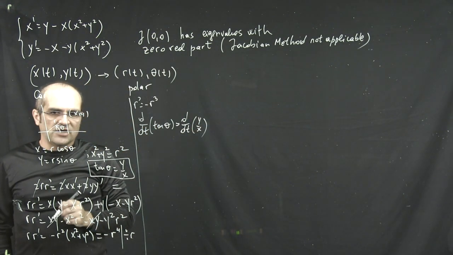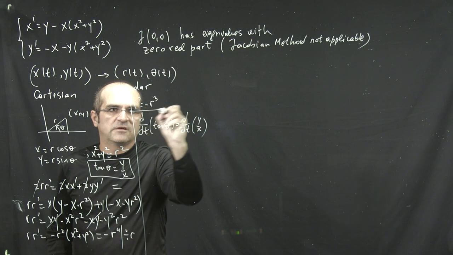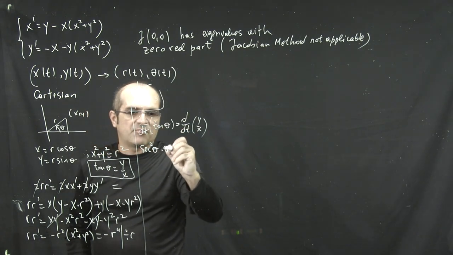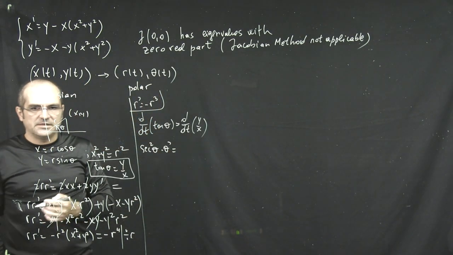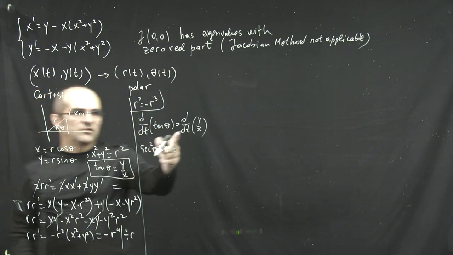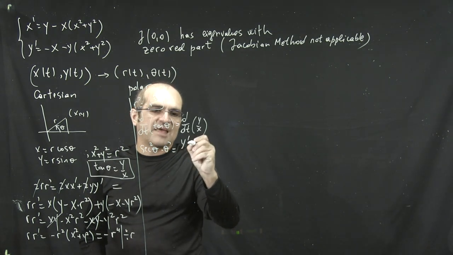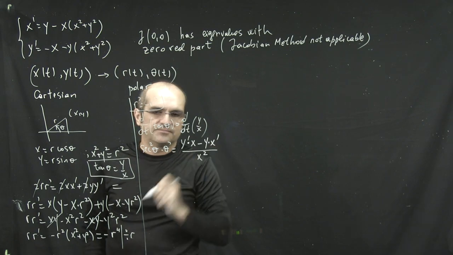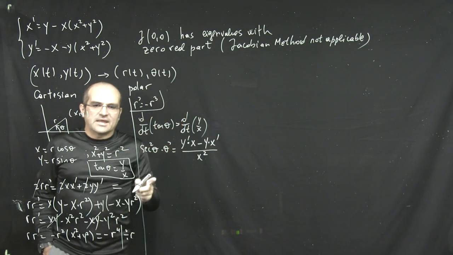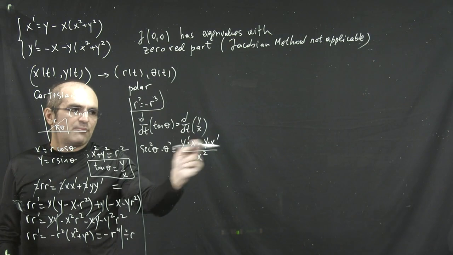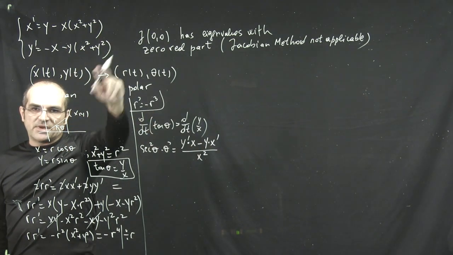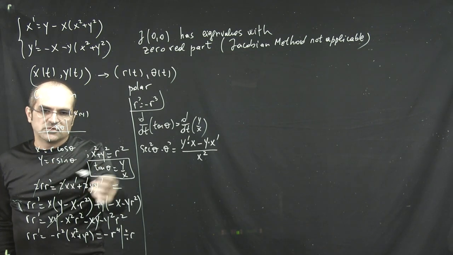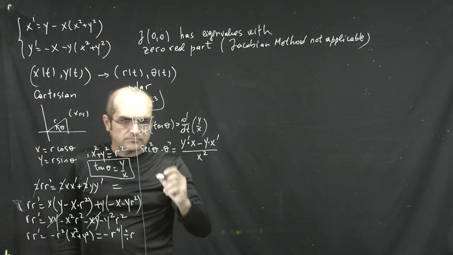On the left side, we have secant squared, the derivative of tangent, times theta prime, or d theta dt. Here we have the quotient rule: y prime times x minus y times x prime over x squared. Now on the right hand side we do what we did before. We replace y prime and x prime with their respective expressions in terms of x and y, and then hopefully we can switch to polar coordinates when we're done.